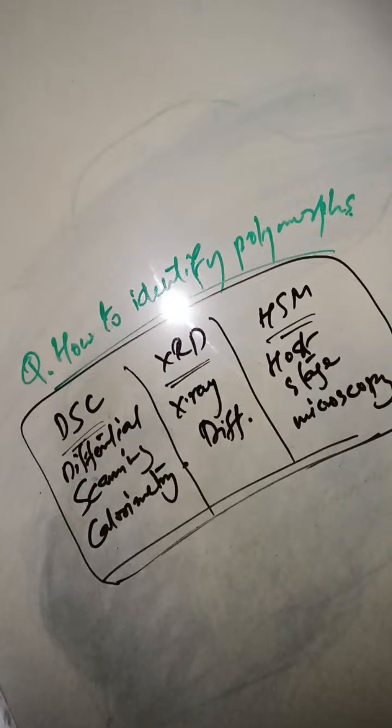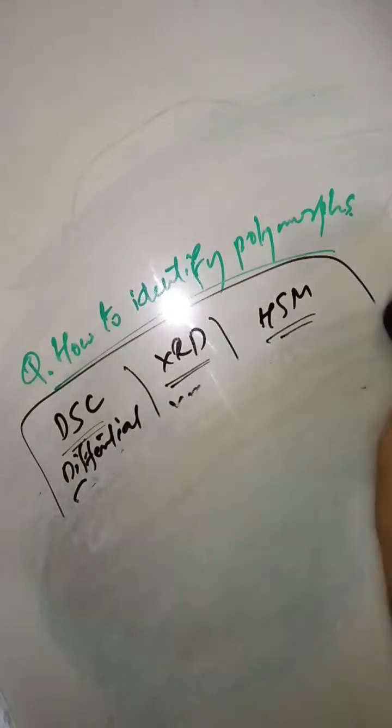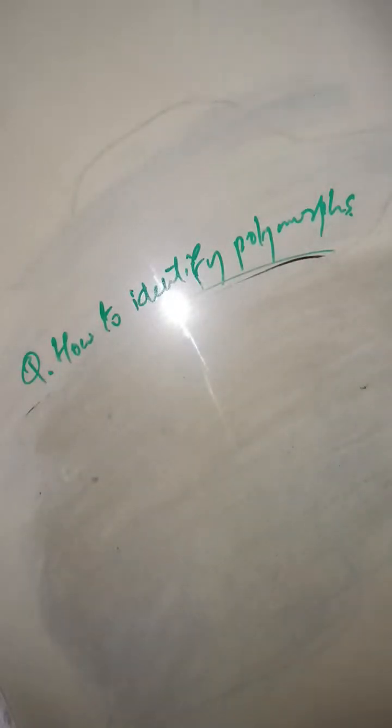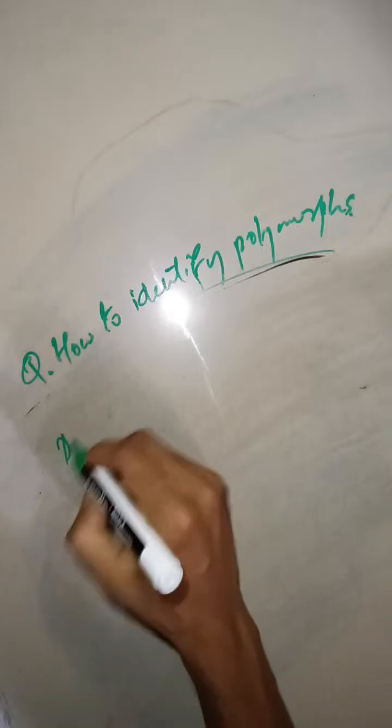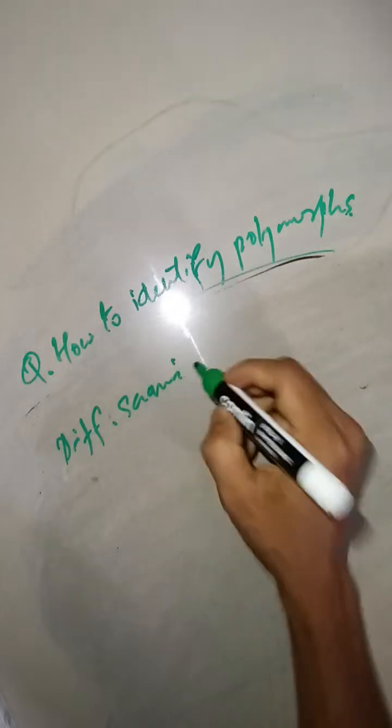So again, write this: DSC, XRD, HSM. Differential scanning calorimetry, X-ray diffraction, and hot stage microscopy. Number 1 is differential scanning calorimetry.